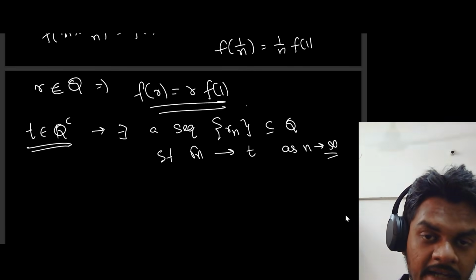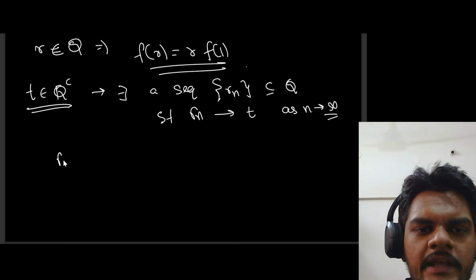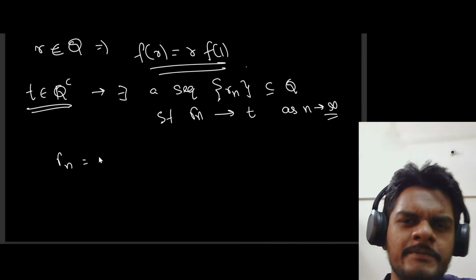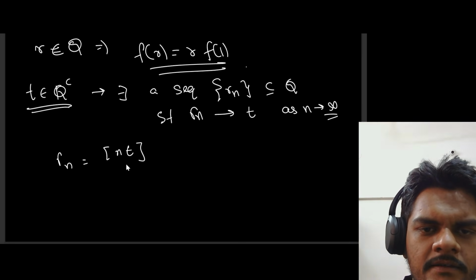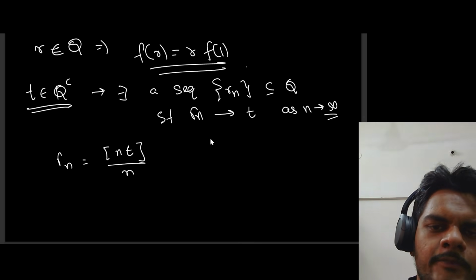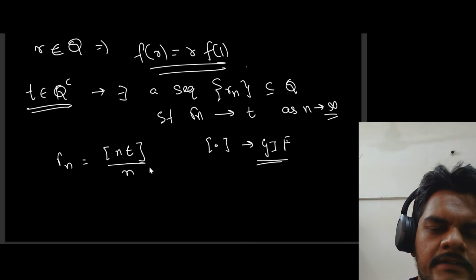And in fact, we can prove it mathematically. How do we prove it? If you take Rn to be, one possible sequence, Rn is floor of nt divided by n, right? What is this floor? This is greatest integer function.